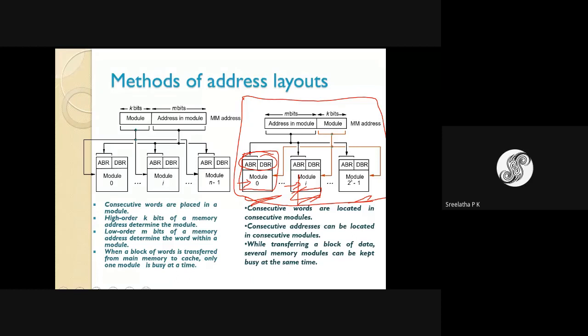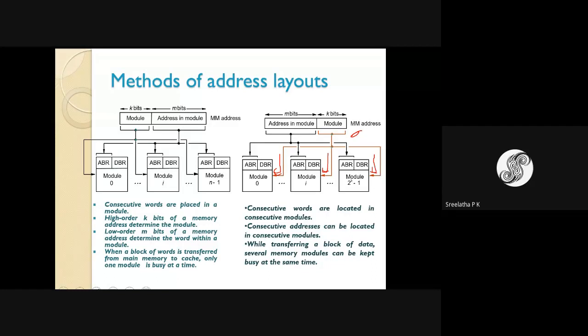And you can see these modules are accessed parallelly. Here you can see the red line where the modules are accessed parallelly. Here this is module 0, module 1, and the next module.